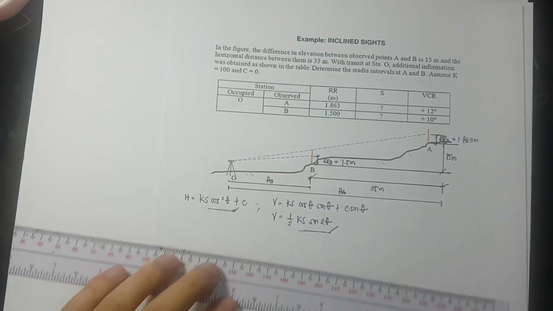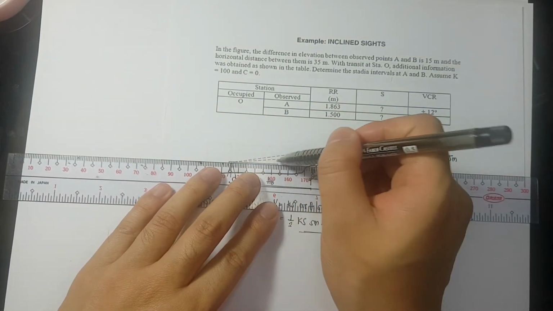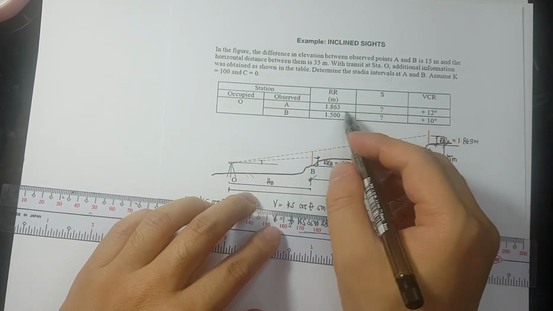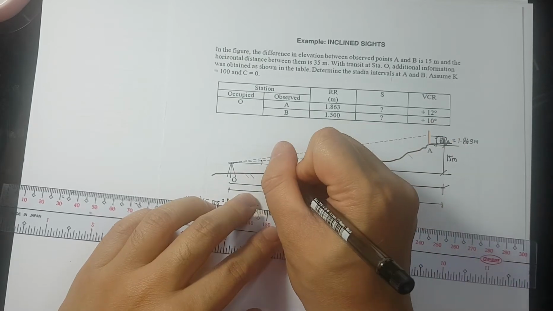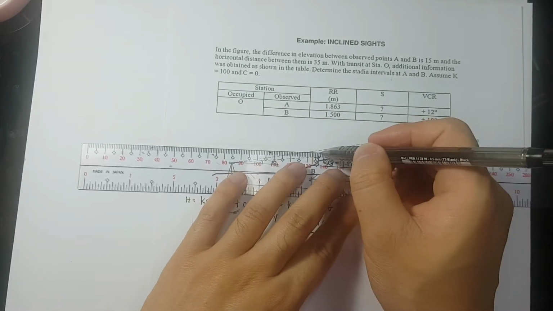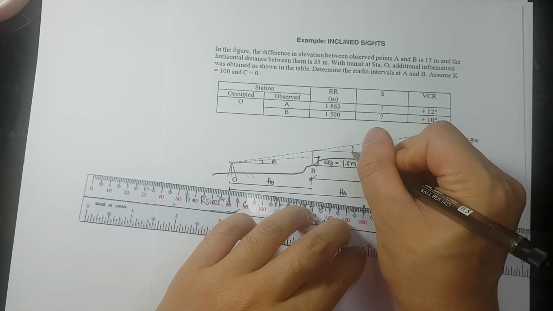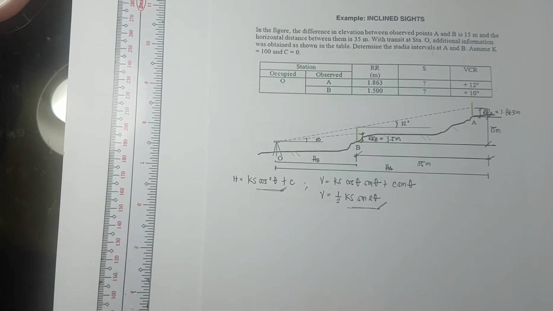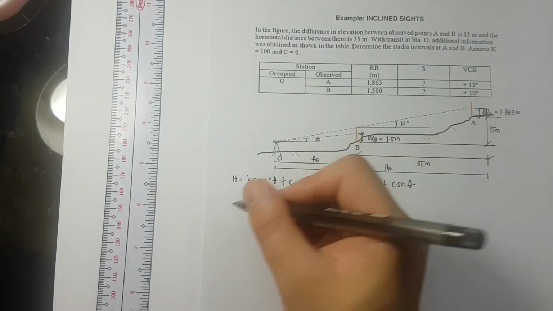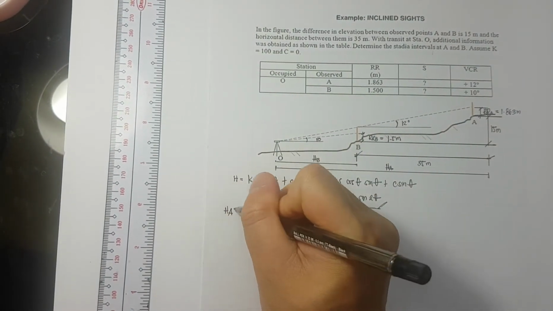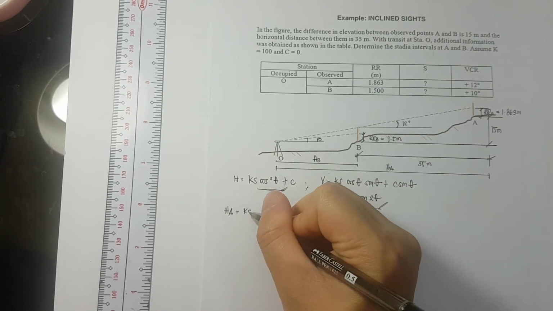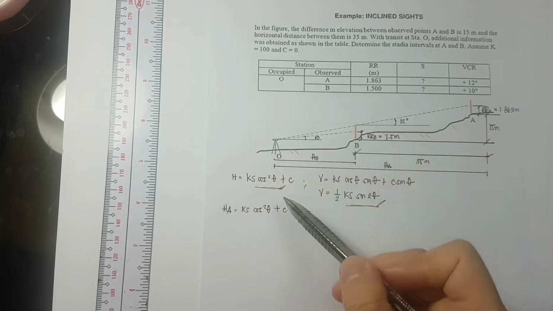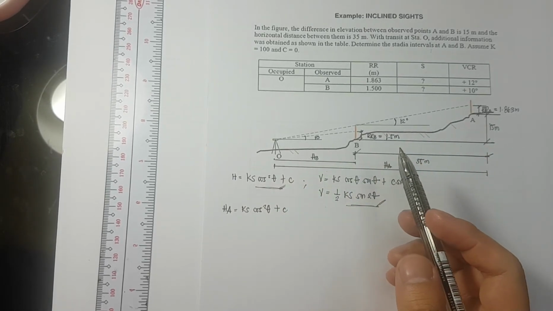Okay, and the angle that it makes with the horizontal for B is 10 degrees, while for A it is 12 degrees. Okay, let's now use that for our equation. So HA is equivalent to KS cosine squared theta plus C. But take note, C is constant. Okay?